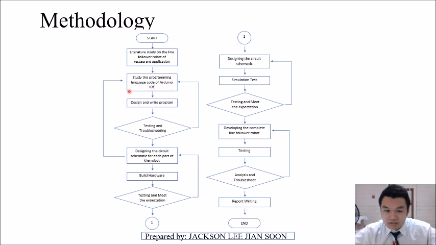After I study, I will design the code and write the program. To design the circuit schematic for each part of the robot, the software that I use is Fritzing to draft sample circuits before the hardware is developed. After that is building the hardware.